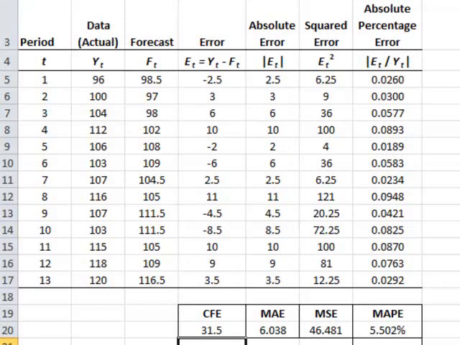In other words, the positive and negative errors should, in the long term, about cancel each other out. If this number gets too far away from 0, in either the positive or the negative direction, that tells me I have a bias in my forecast. It tells me my errors are more often than not positive or more often than not negative, and my forecast is in a sense off center.